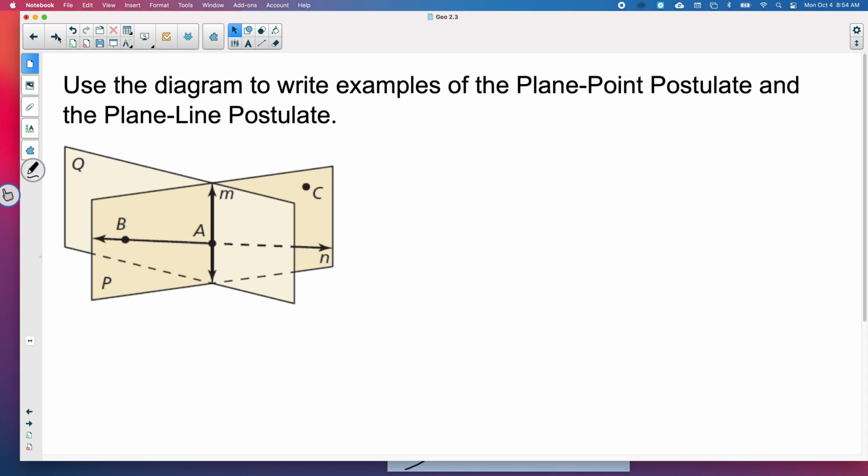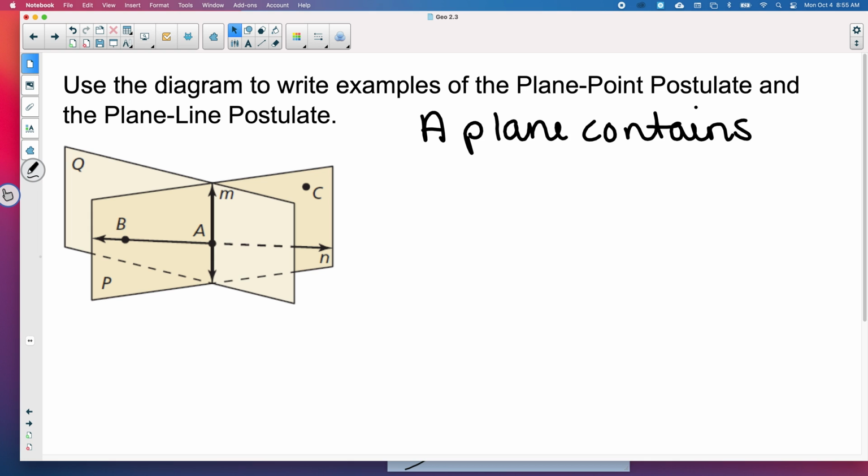It's on this next part that I think people struggle. It says use the diagram to write examples for the plane point postulate and the plane line postulate. So the plane point postulate says, I'm going to write out the words and then show you what you're going to have to do with it. It says a plane contains at least 3 non-collinear points.